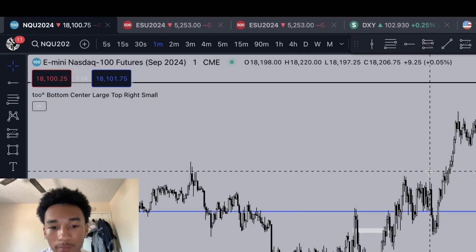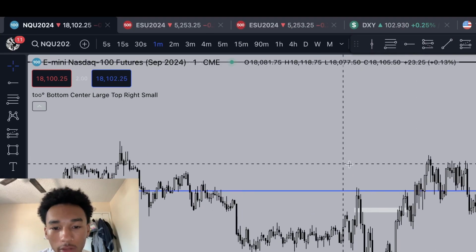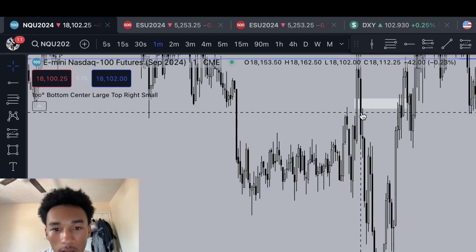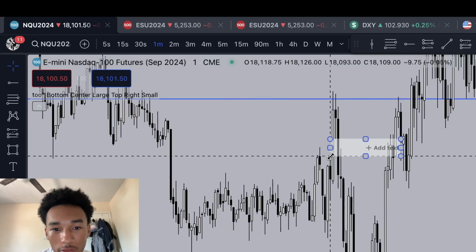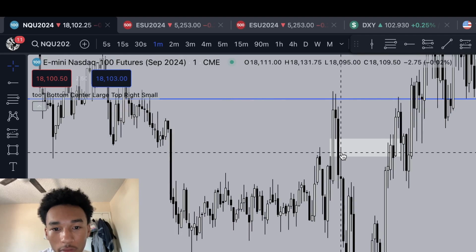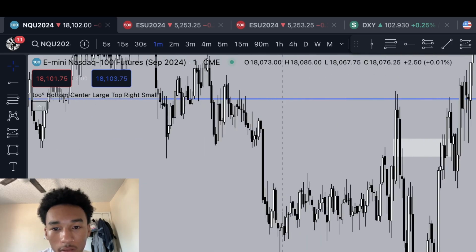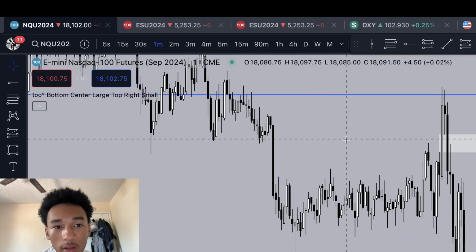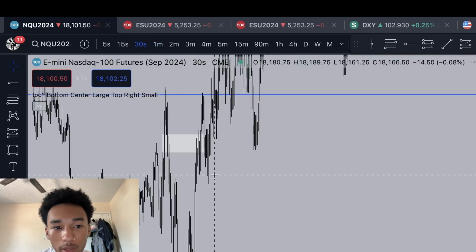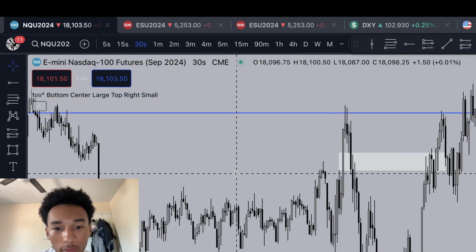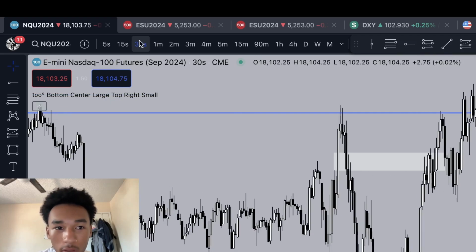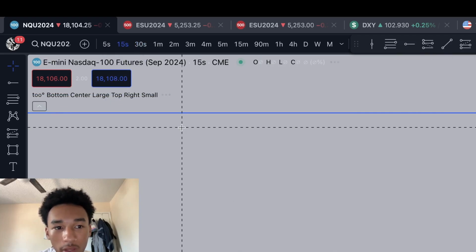So I entered on the BPR, or the inversion fair value gap, right here. So I entered right there and then got out at the sell side liquidity right there. And if you're wondering where my stop loss was, because whenever I watch other people, I always wonder, where is your stop loss at?